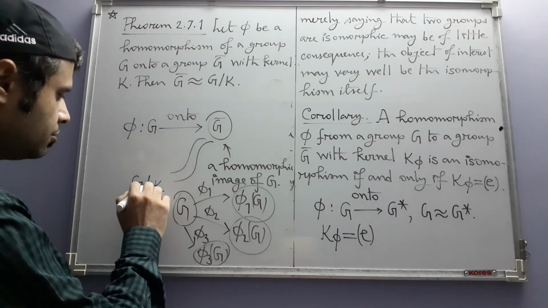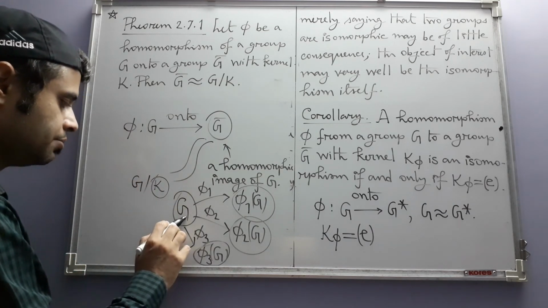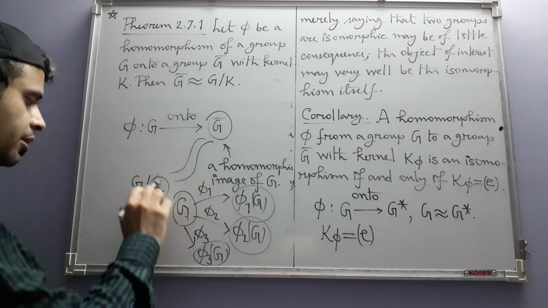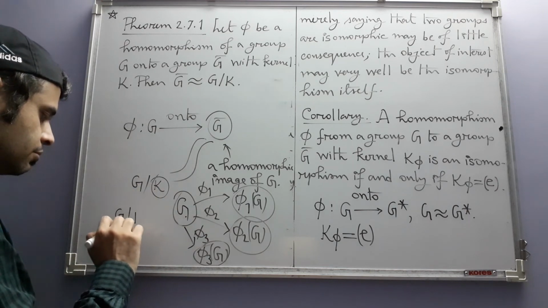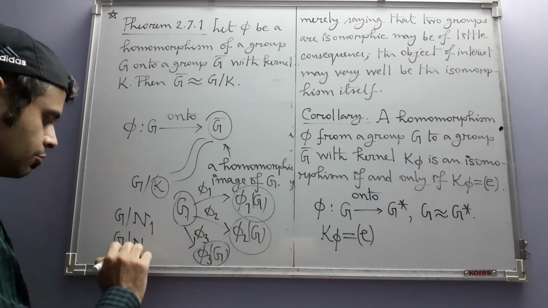All you have to do is you consider the normal subgroups of G and form the quotient groups.